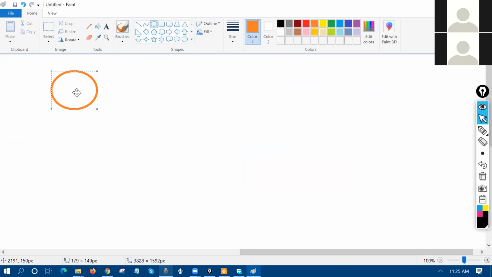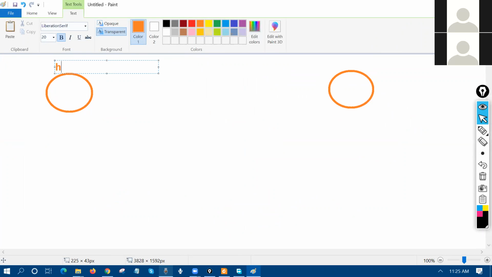Router number 1, router number 2. That's my headquarter office in Delhi, and we have a branch office in Bangalore.